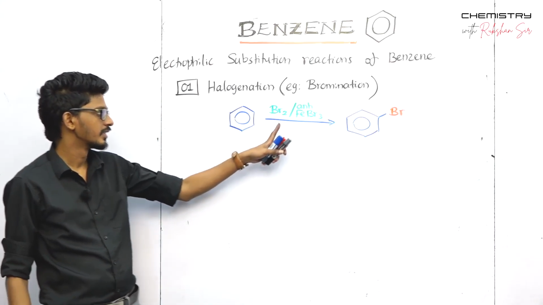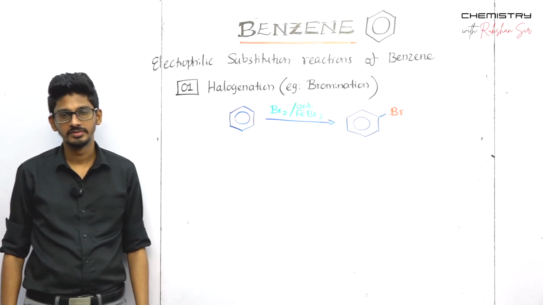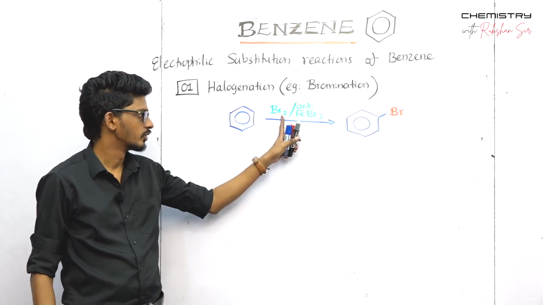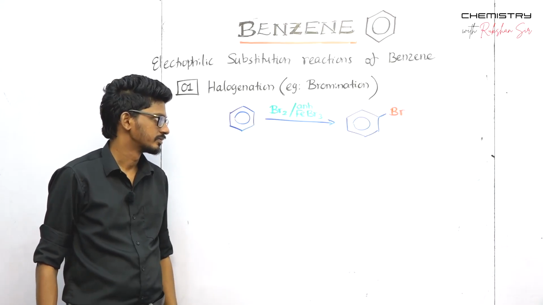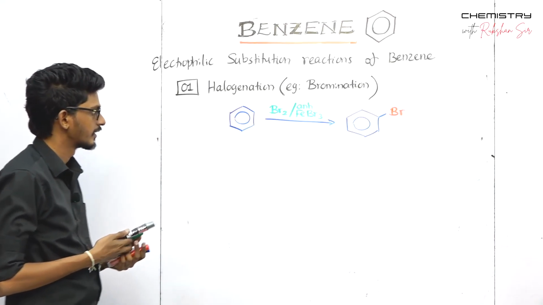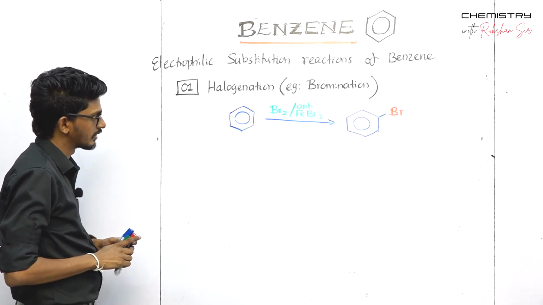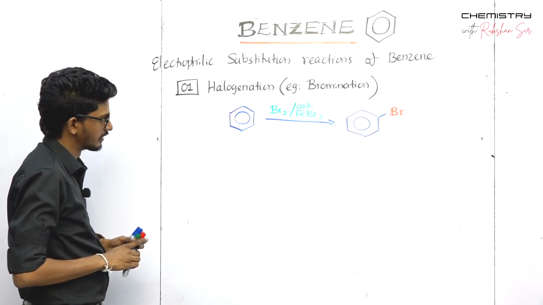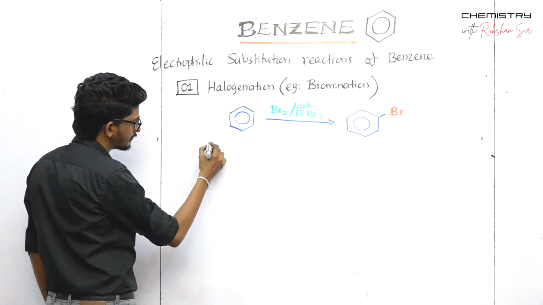You need to add Br2 in the presence of FeBr3 catalyst. With this reagent, you are able to connect a Br to the ring. Let's discuss the mechanism of this. Mechanisms are very needed. Frequently, the mechanisms are asked in A levels. The benzene mechanism. So let's come up with the mechanism.